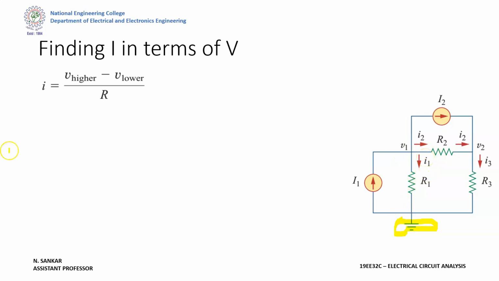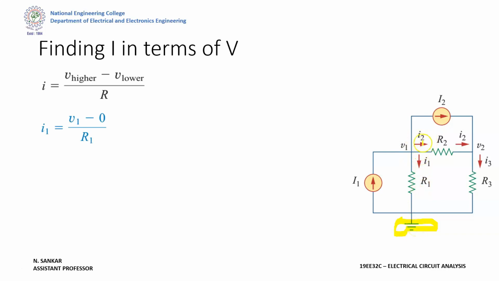Current will always travel from higher voltage to lower voltage, like water. Water flows from an upper area to a lower area, right? Like that, current will flow from higher voltage to lower voltage. So the formula for current will be higher voltage minus lower voltage divided by the resistance. Here the higher voltage is V1 and the lower voltage is 0, that is I1 is equal to V1 minus 0 by R1.